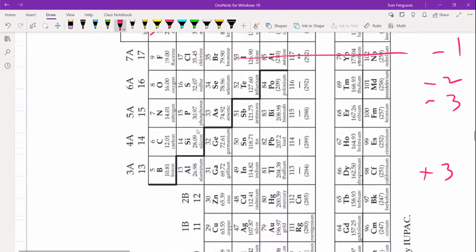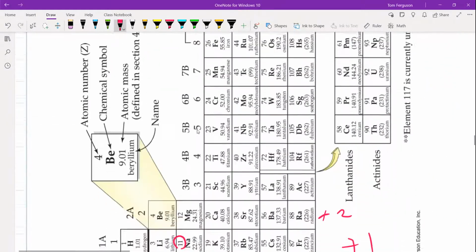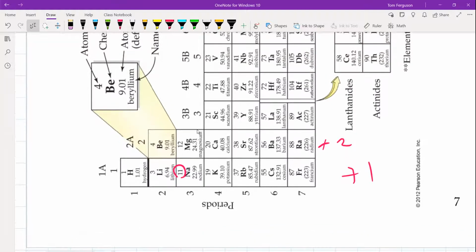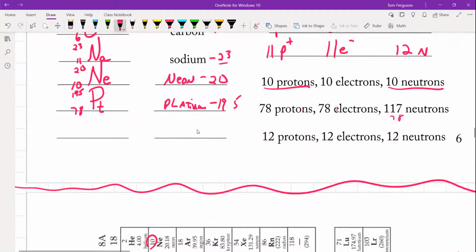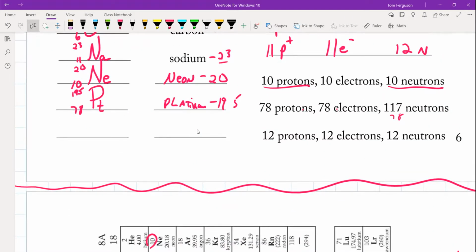Okay, 12 protons. Well, let's see here. That's going to be magnesium. And it's 12 and 12, so that's magnesium 24.